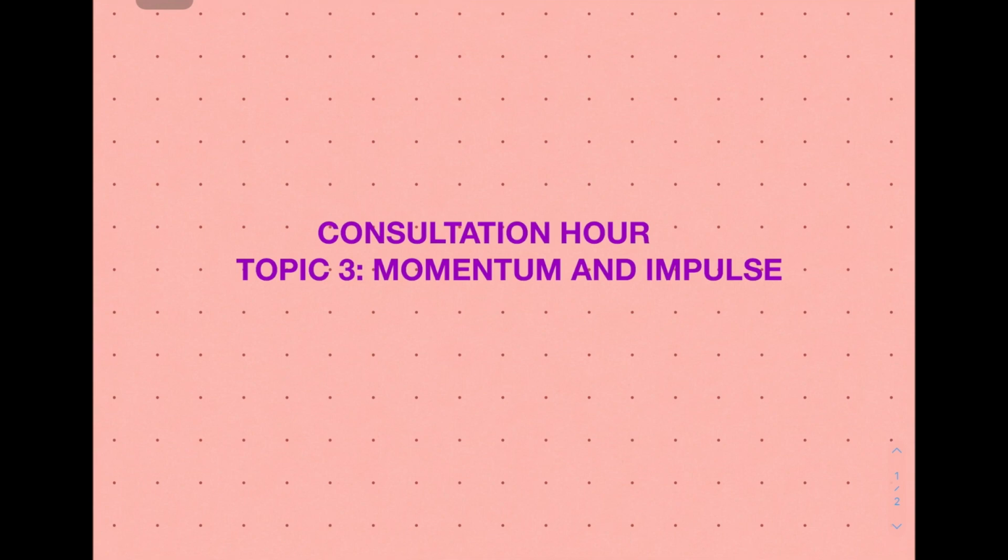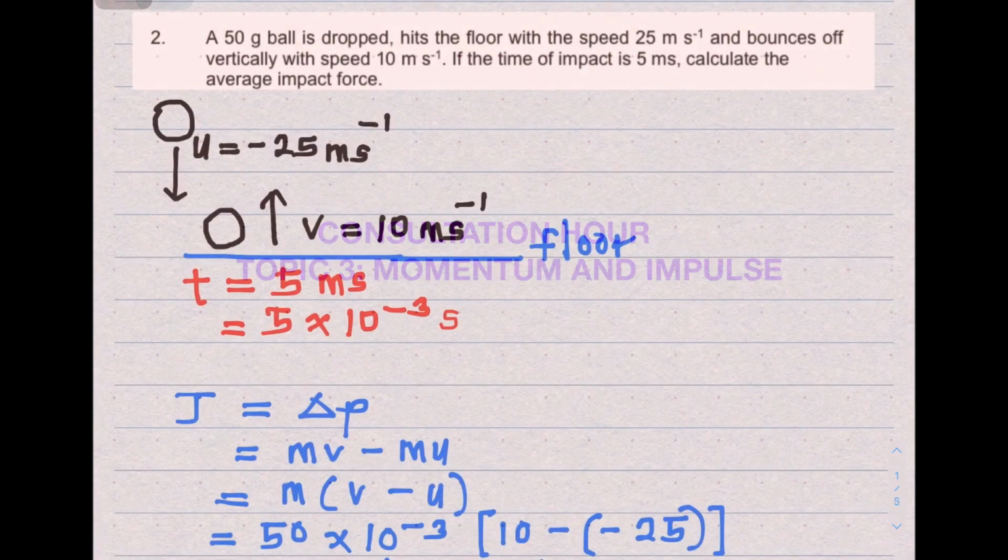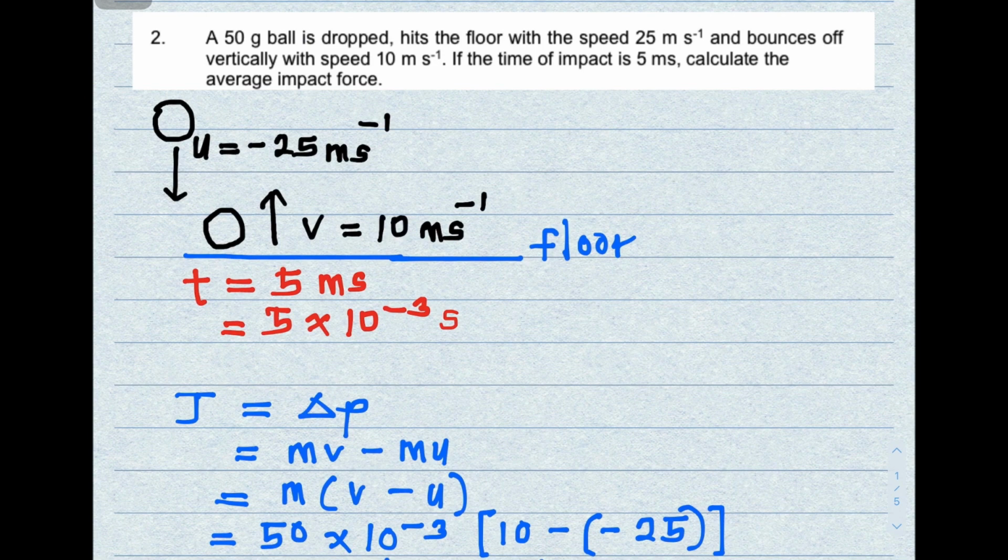In our consultation hour session, I'm going to discuss with you several questions from topic 3, momentum and impulse. Let's start with question number 2. A 50-gram ball is dropped.